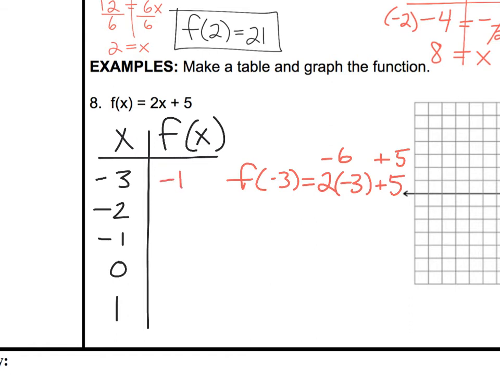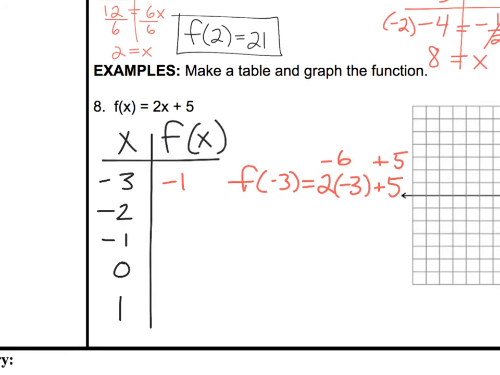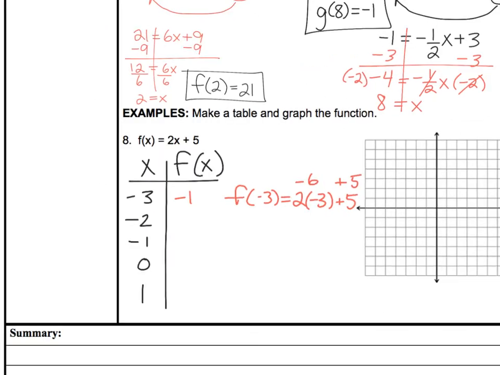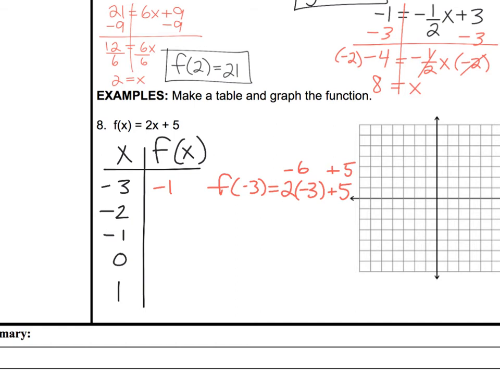And you do that for all 4. And then you can graph those points. So I would graph the point negative 3, negative 1, left 3, down 1. You should get 1, 3, 5, and 7.